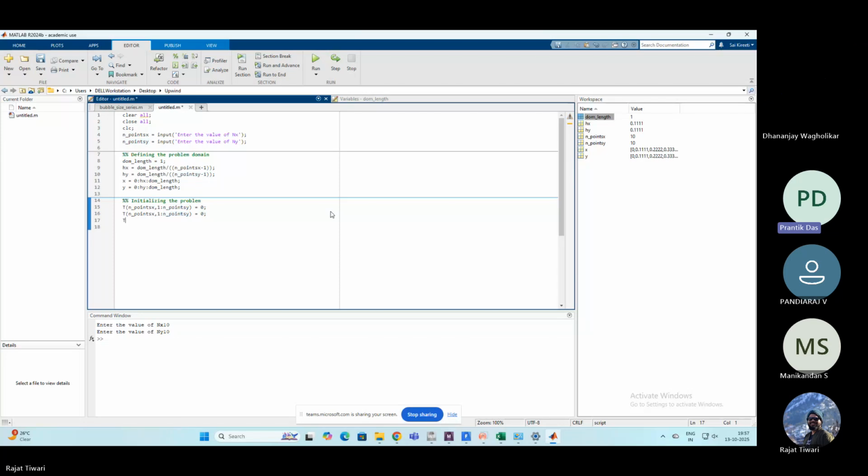Similarly T(1, 2 to y) equals 100. Similarly, on the right side, 1 to 1, comma 1.